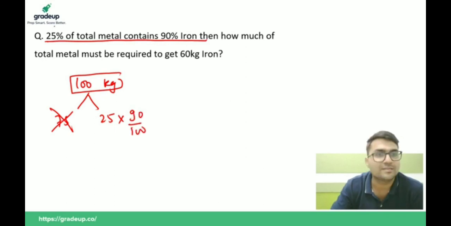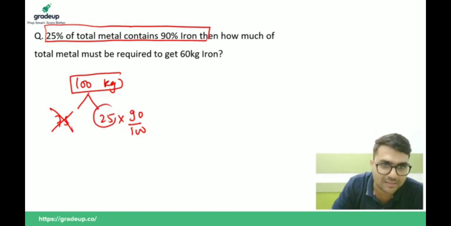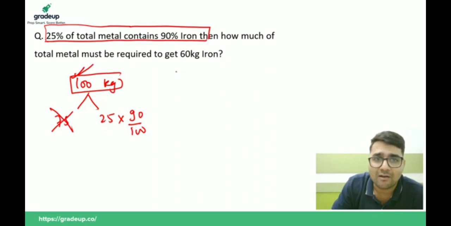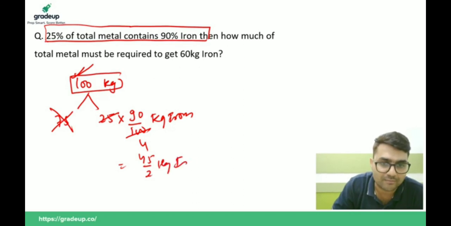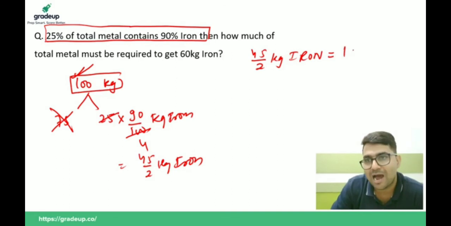This means 25% of total metal contains 90% iron. This means we can say this many kg iron: 25 into 9 by 10 gives 45/2 kg iron. So we can say 45/2 kg iron can be obtained from 100 kg of metal.